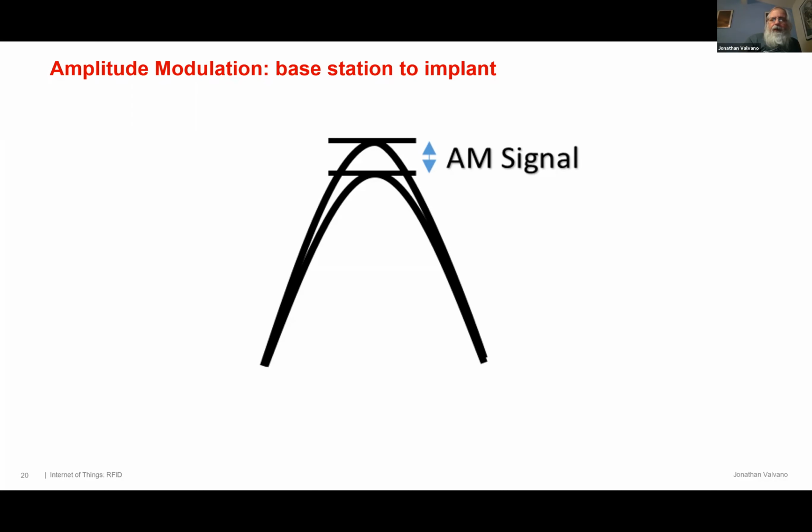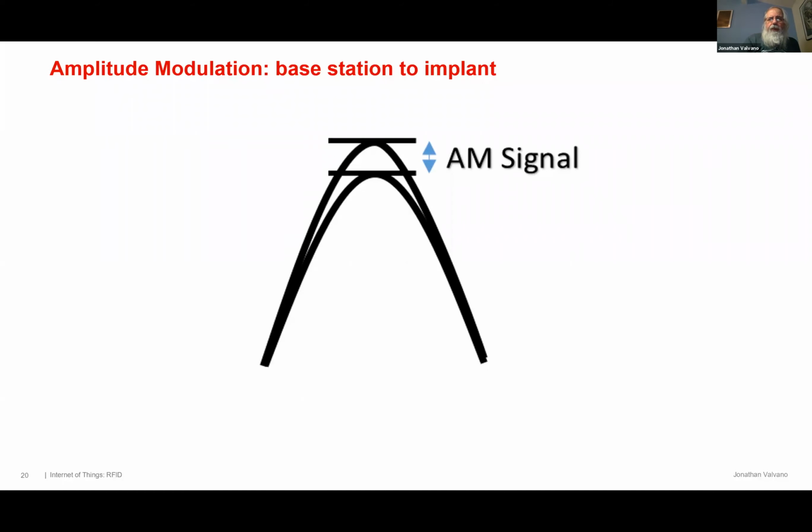And so there isn't anything fancy about the download modulation. Sending data from the reader, from the base station, down to the implant was amplitude modulated. So it just oscillated at a different amplitude, and they're obviously relative to each other.